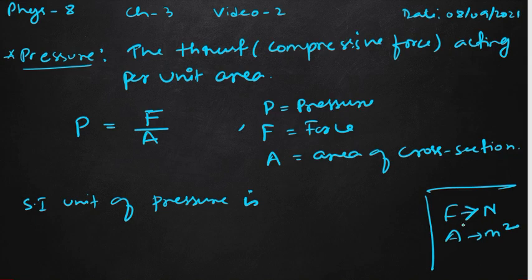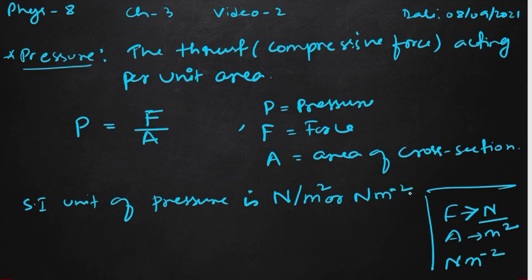If we use these two in the formula for pressure, in the numerator we have Newton and in the denominator meter square. That means Newton per meter square, or N m power minus 2.